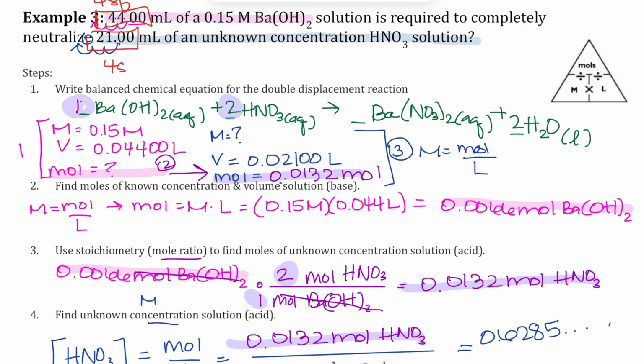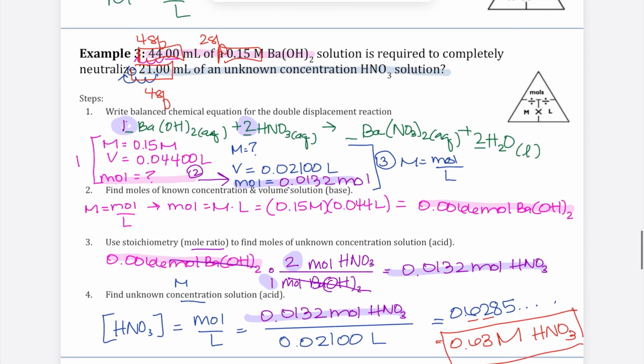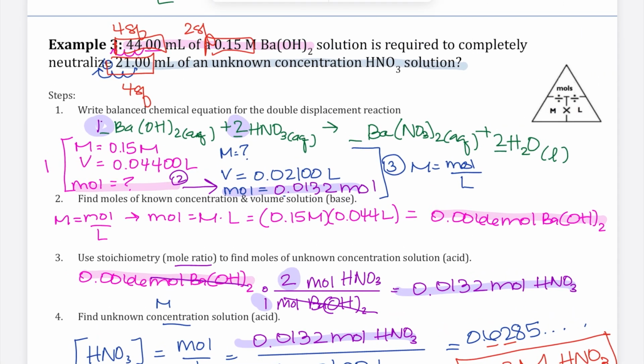This is also 4 sig figs. This is 2 sig figs. So let's keep 2 sig figs in our final answer. So this is going to be 0.63. And that is the concentration, molarity. That's 0.63 molar HNO3 solution. So we're just combining together our molarity, how we classify those solutions, and our mole ratio.